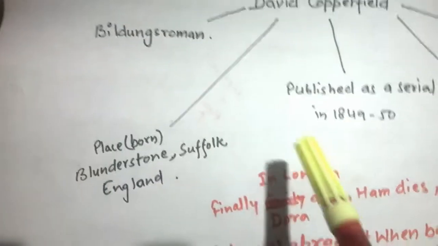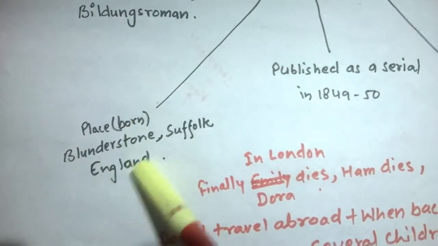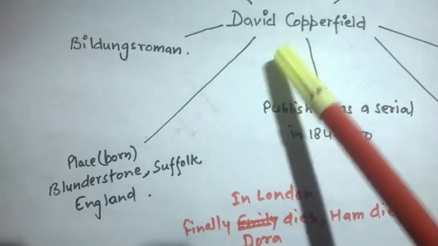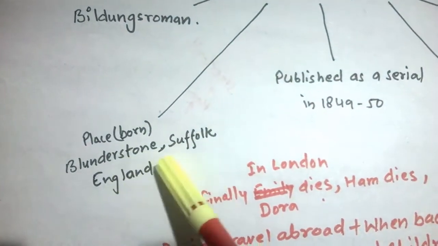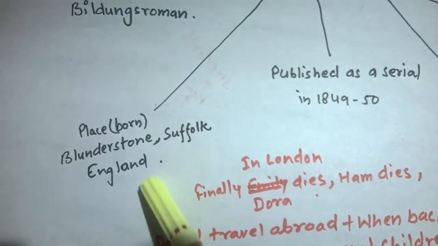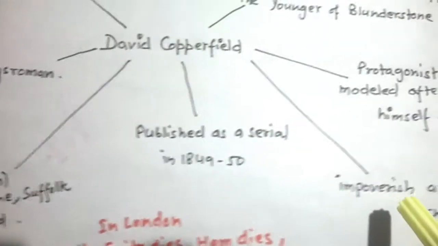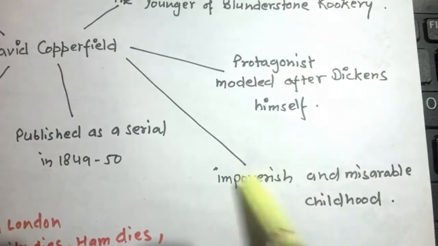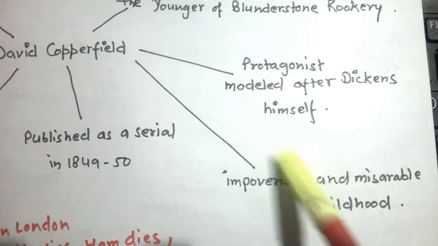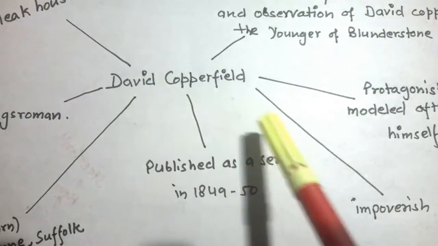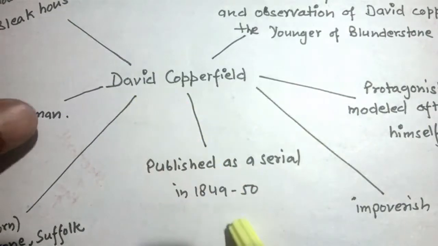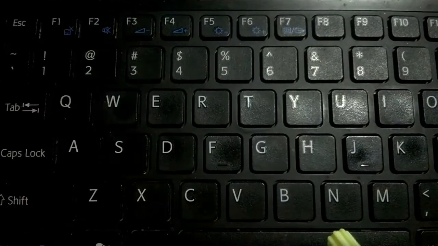Next is where he was born, meaning David Copperfield in this story. It was Blunderstone, Suffolk, England. Yes, an impoverished and miserable childhood, as Dickens had, the same David Copperfield has in this story.